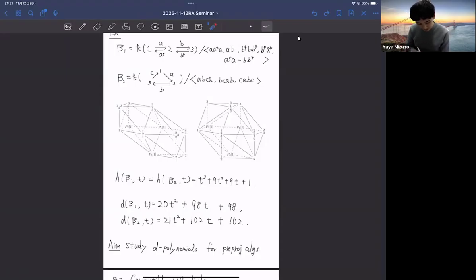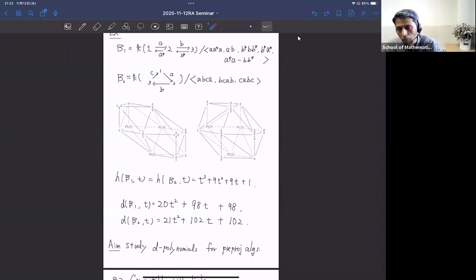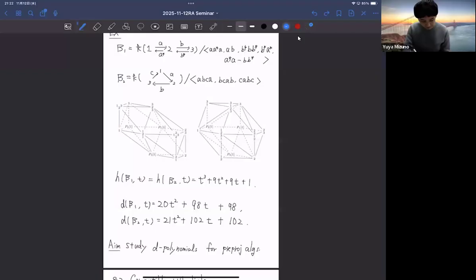But in the case of the D polynomial, in some sense, it measures the quantities of the dimension because we just calculate the dimension.